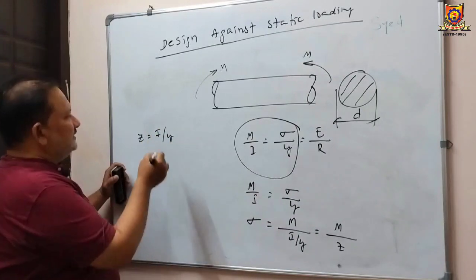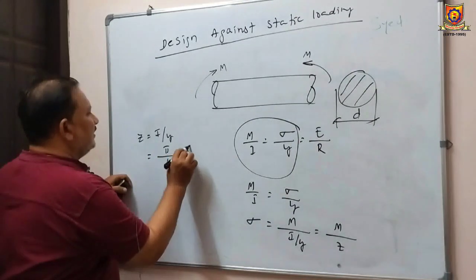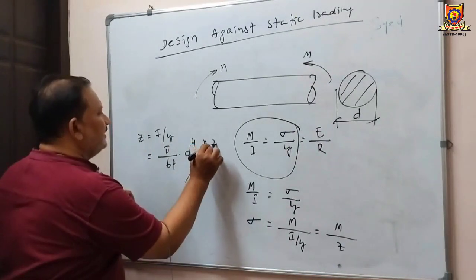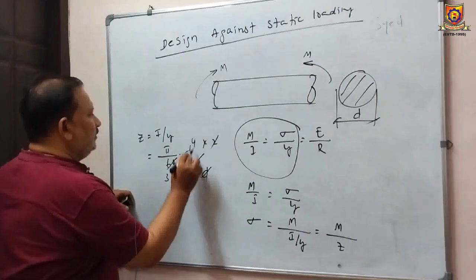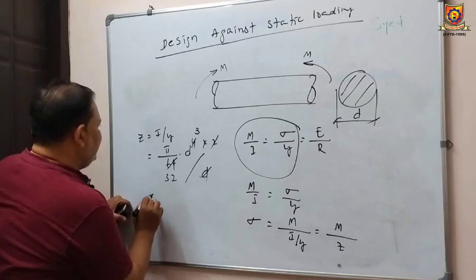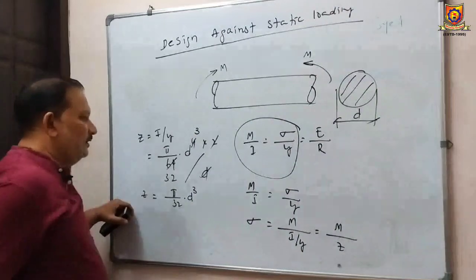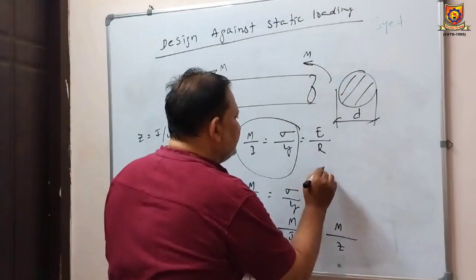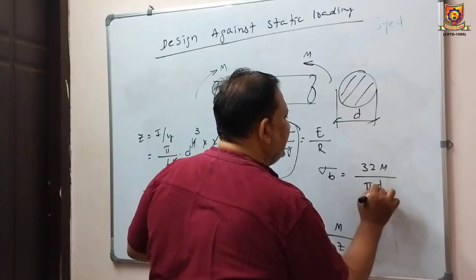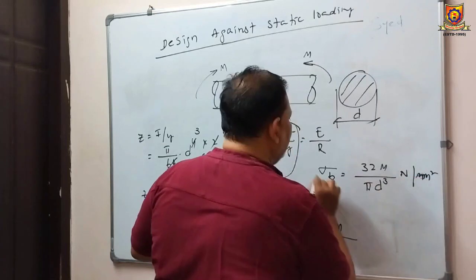For the circular section, the moment of inertia is pi by 64 D power 4, and y is D by 2. So Z is equal to pi by 32 D cubed. So the bending stress within this member is 32 M by pi D cubed, in Newton per mm square.